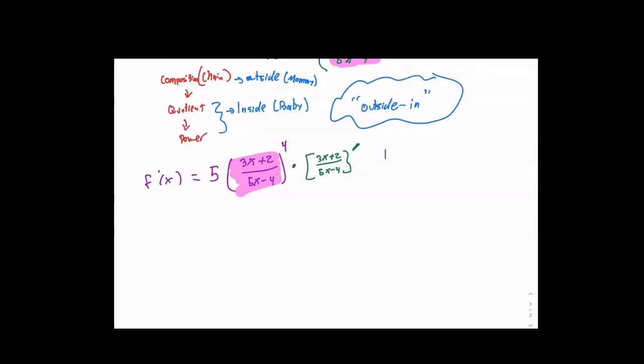Because what we really have to do is a sub problem here, and we have to find what is (3x plus 2 over 5x minus 4) prime. What is the derivative of this? How do we take the derivative of 3x plus 2 over 5x minus 4?